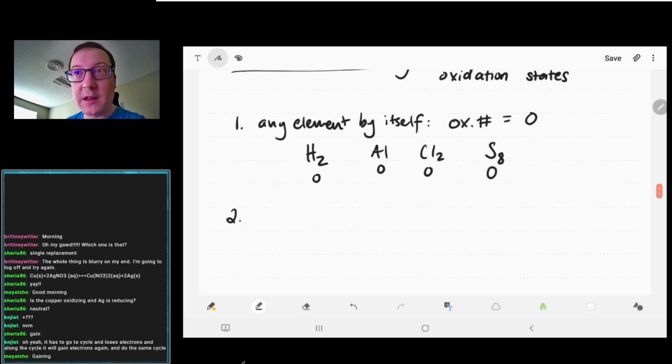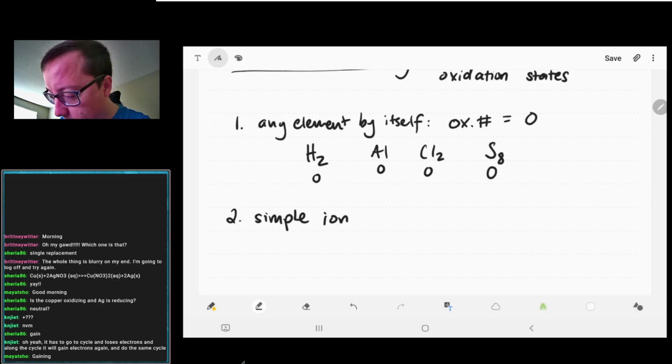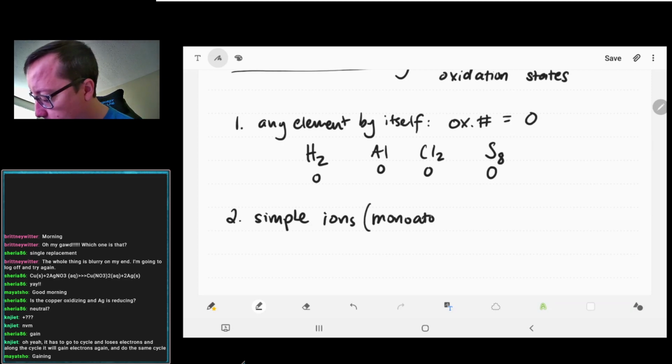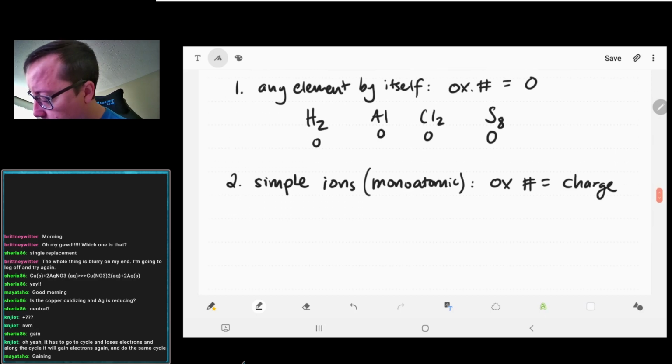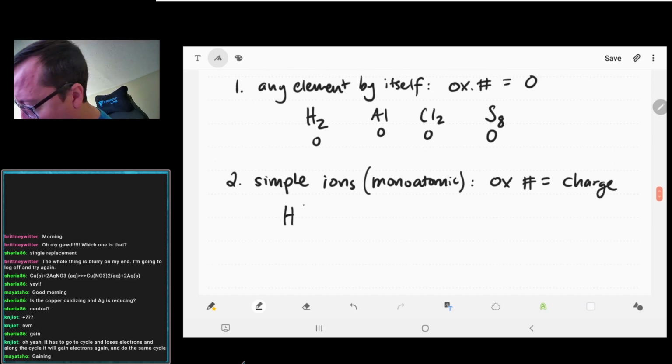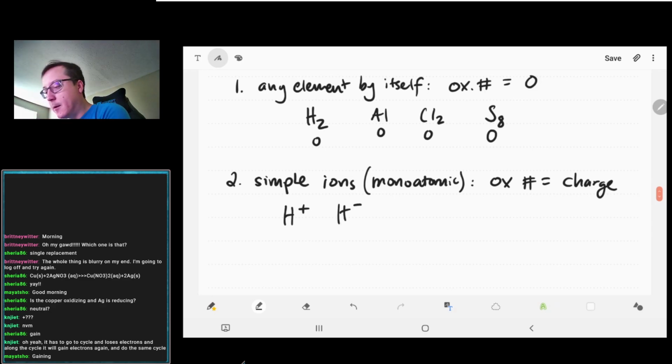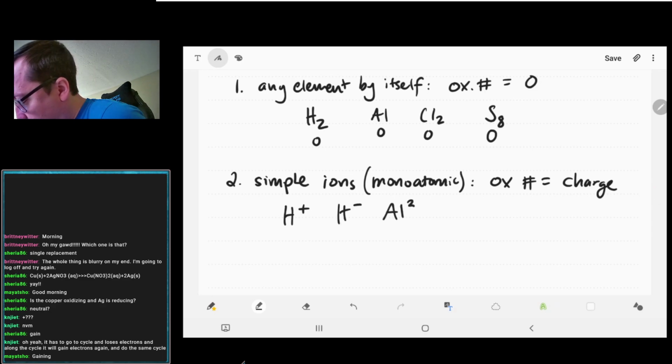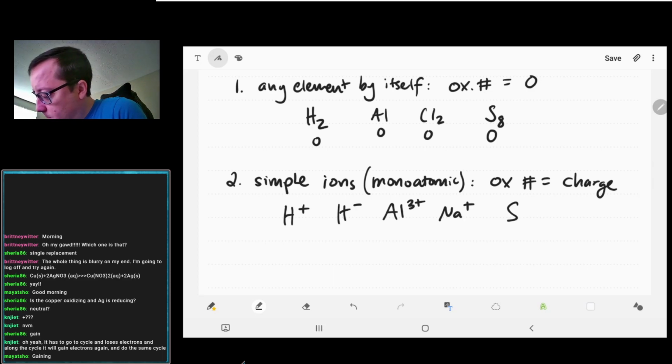Next rule, which you already know: for simple ions, that means monoatomic, the oxidation number is equal to the charge. Here's a bunch of random simple ions.